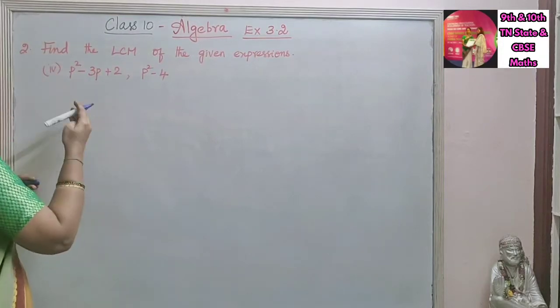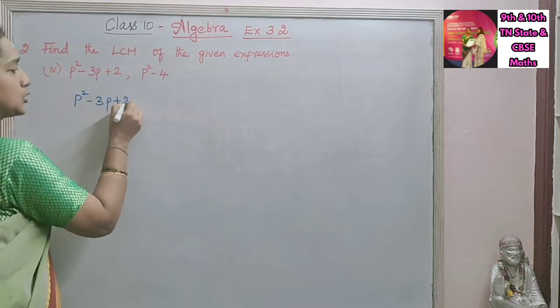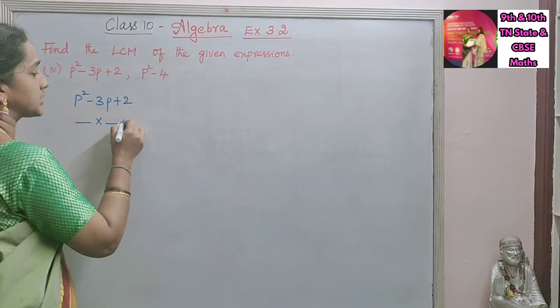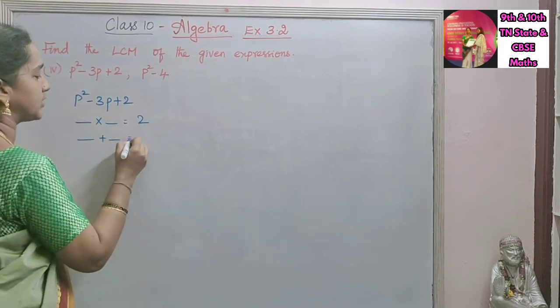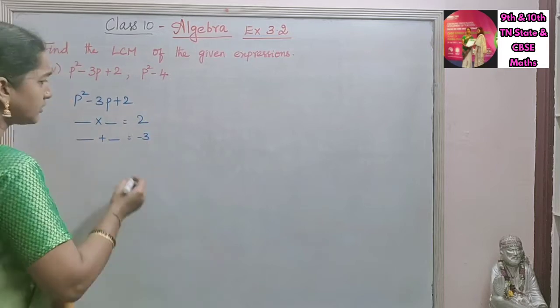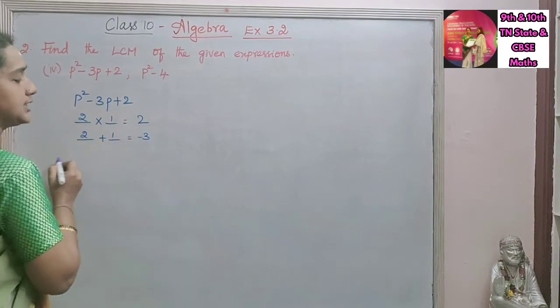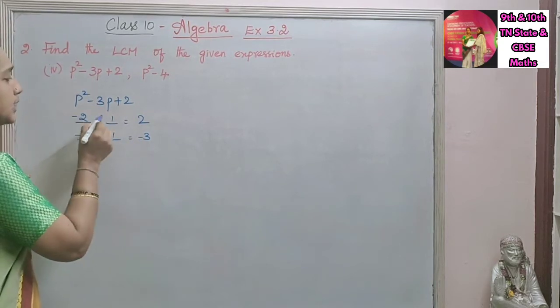First we will take p squared minus 3p plus 2. When we multiply the two terms, we have to get plus 2, and when we add them, we have to get minus 3. So 2 ones are 2, and 2 plus 1 is 3. Since we have a negative sign, we take minus 2 and minus 1.